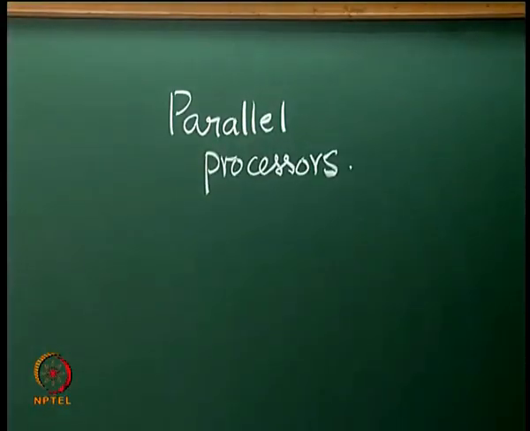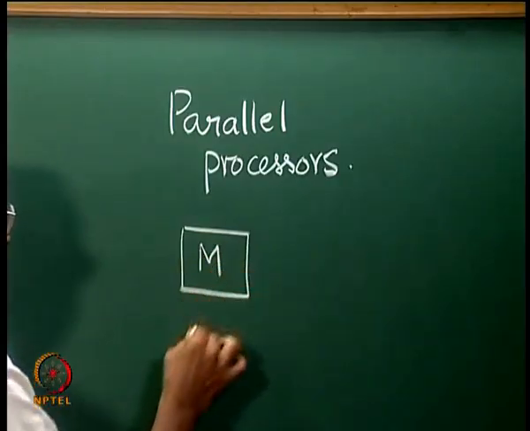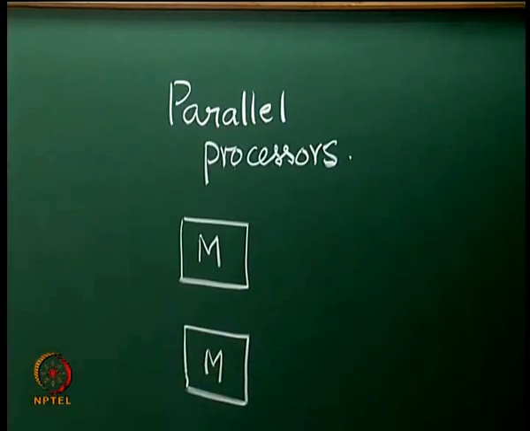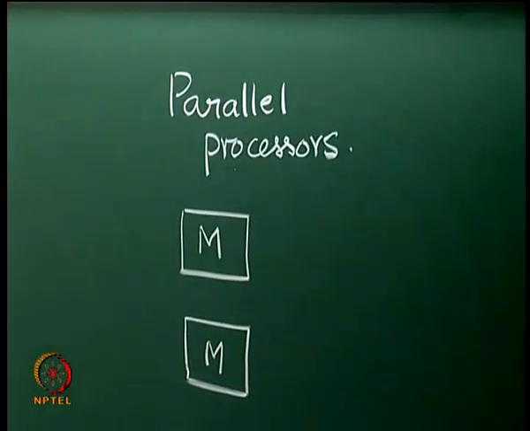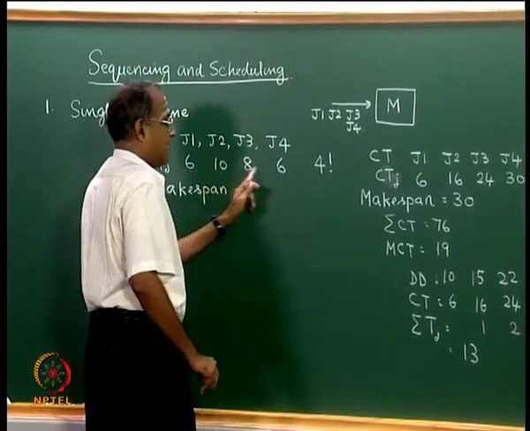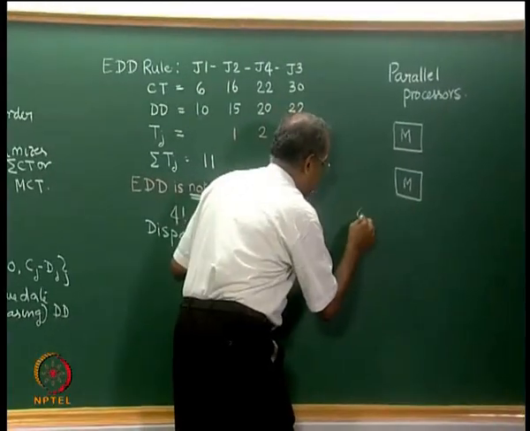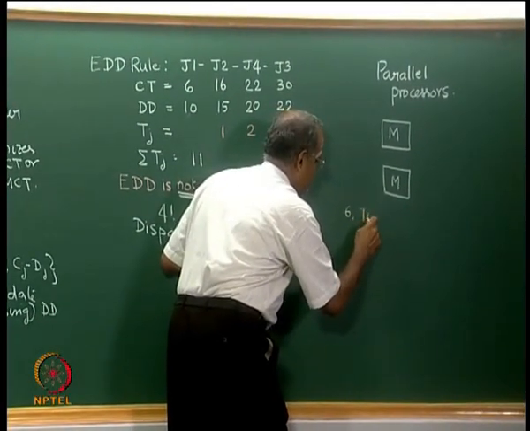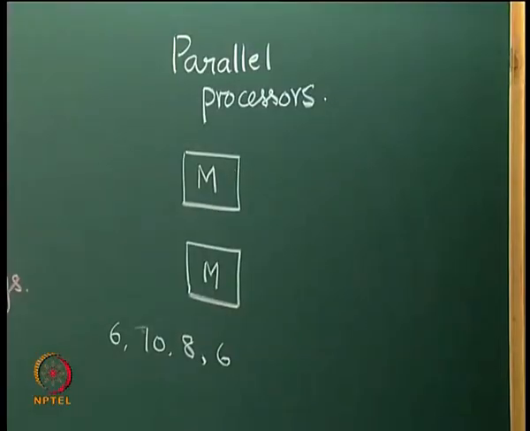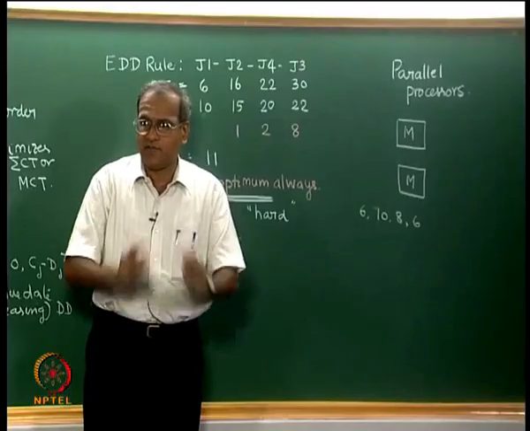If we assume that there are two machines instead of one and they are identical, and we have 4 jobs with processing times 6, 10, 8 and 6, here again one can show that the problem of minimizing makespan becomes hard and difficult.